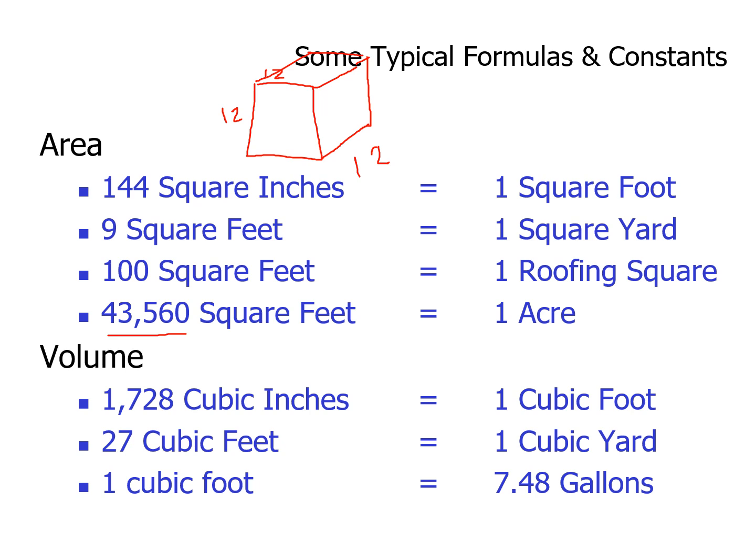There's 1,728 cubic inches per cubic foot. Okay? Just like there's 27 cubic feet per cubic yard. Okay? Now remember, it's 3 by 3 by 3, 27. A cubic foot will hold 7.48 gallons of water. And I know a lot of people question that and think about it, so that's what it is.